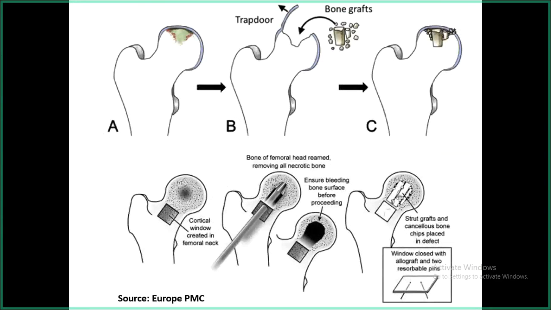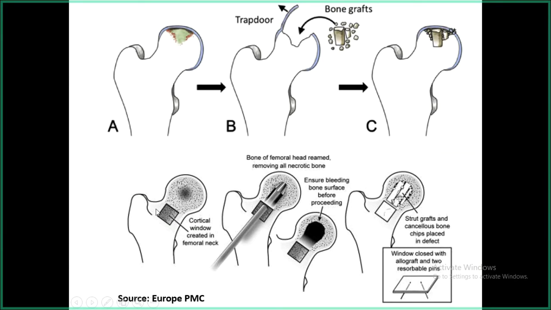This is the trapdoor mechanism, where the anterolateral or posterosuperior region, after safe surgical dislocation of the hip anteriorly or posteriorly, is debrided and the bone graft is put. So this is the trapdoor mechanism.